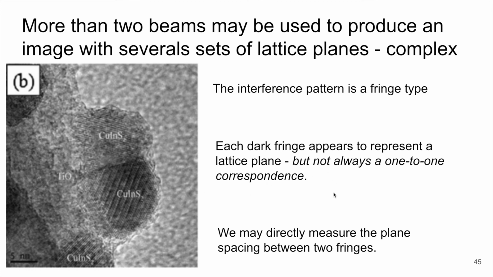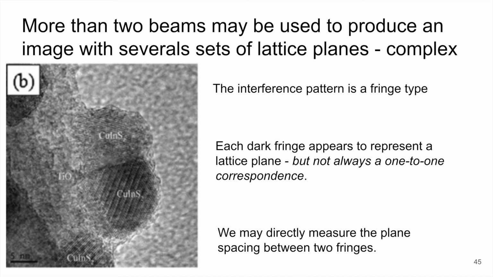And the result of it is these fringes, what looks like diffracted planes. What we're seeing with these fringes is that each dark fringe looks like it represents a lattice plane, but again you have to keep in mind that this isn't always a one-to-one correspondence, and it could represent the opposite, because these are very complex diffraction interference patterns.